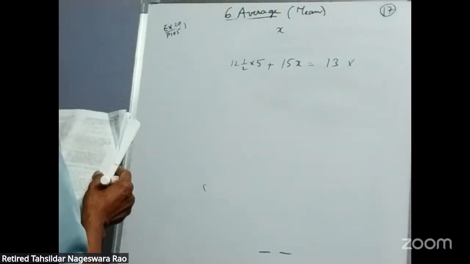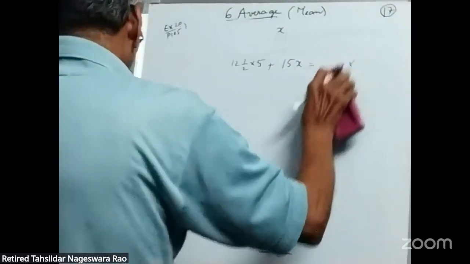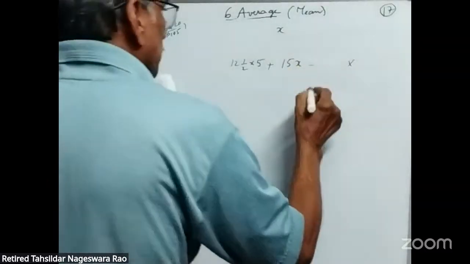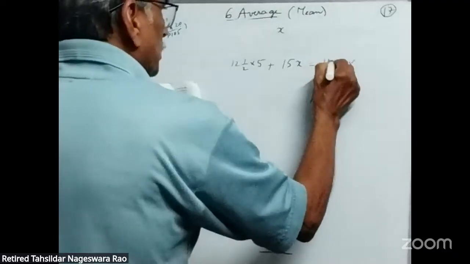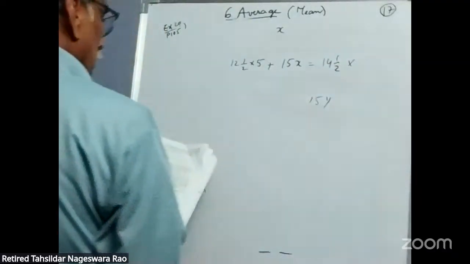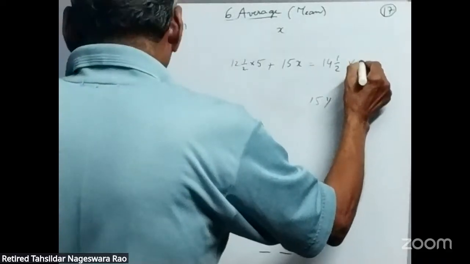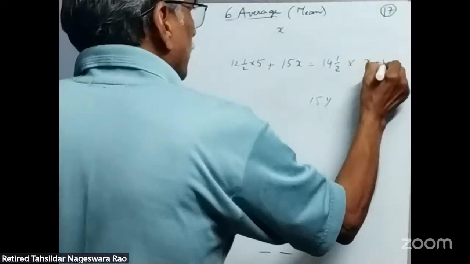Increased by, reduced by. Originally the average was 15 years, reduced by 6 months, so 14.5 years. The next count of students is x plus 5 students added.